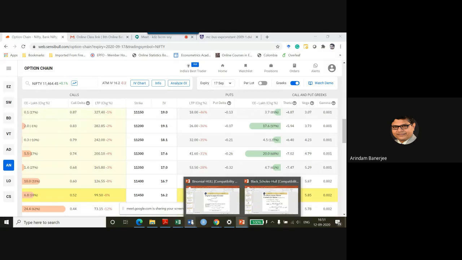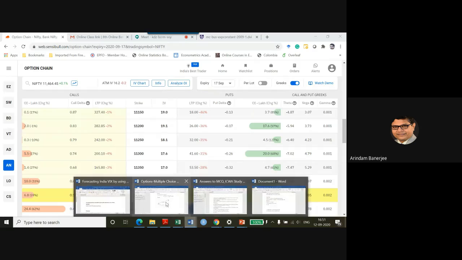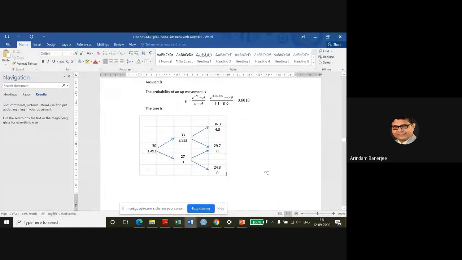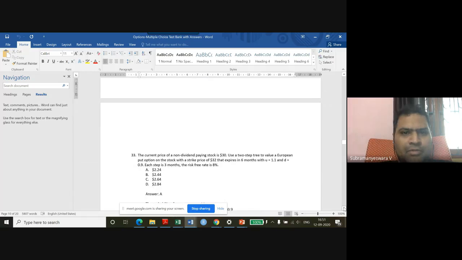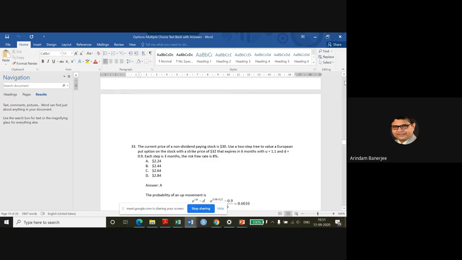This kind of simple questions may come, but they will give all the values. Suppose the value of e and all these things, they will give exponential values. The probability of up movement and down movement also they will provide.